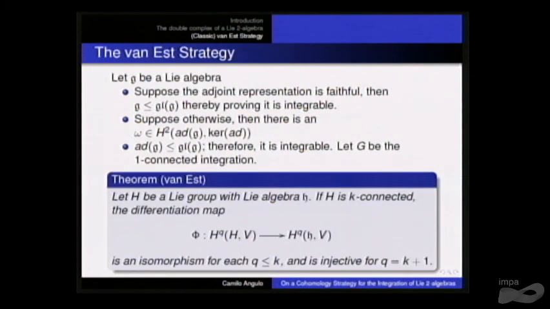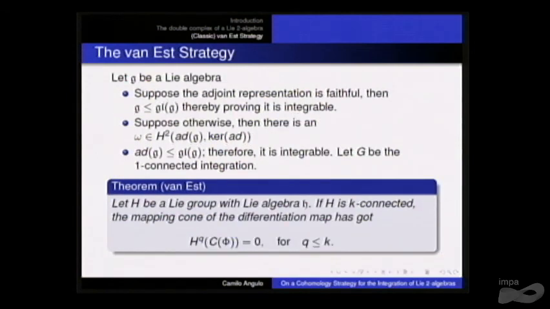And then there is the Van Est theorem, the thing that is important, which says that if the group that you started with is connected enough, then the map that differentiates cochains is an isomorphism for the degrees that I'm interested in. And this can be rephrased, just for economy, to say that the mapping cone of a map has trivial cohomology up till the step that I am interested in.